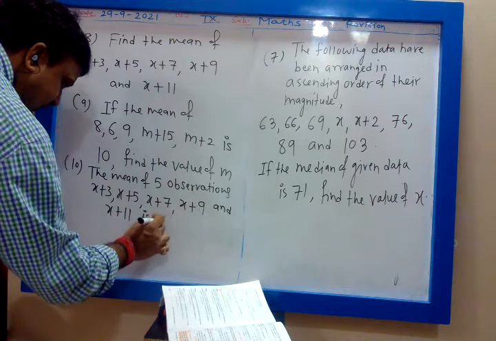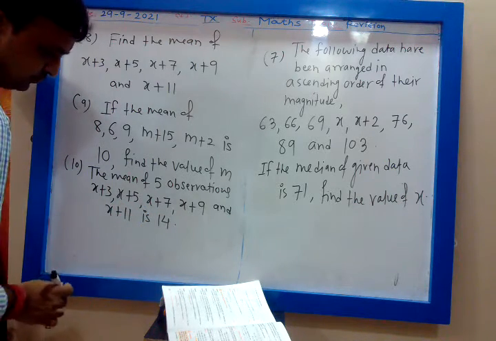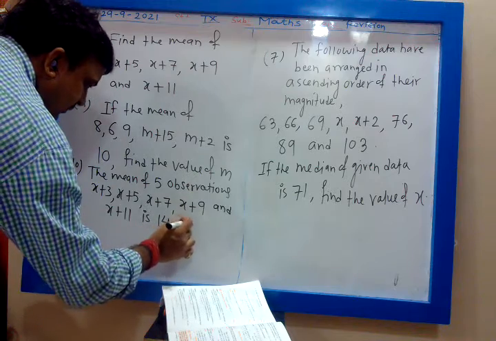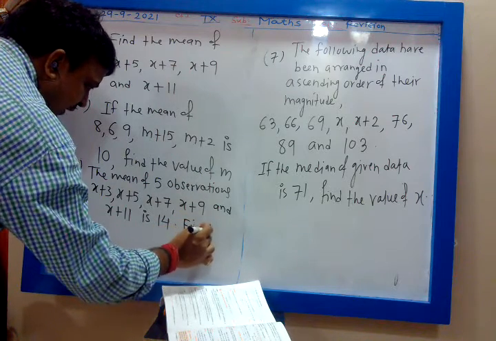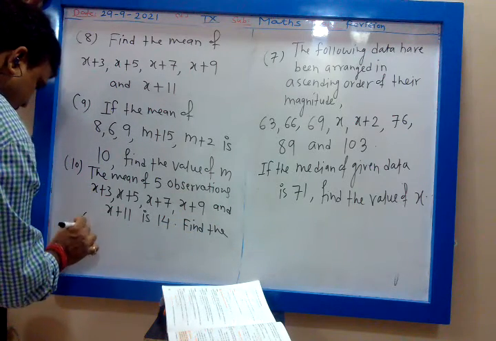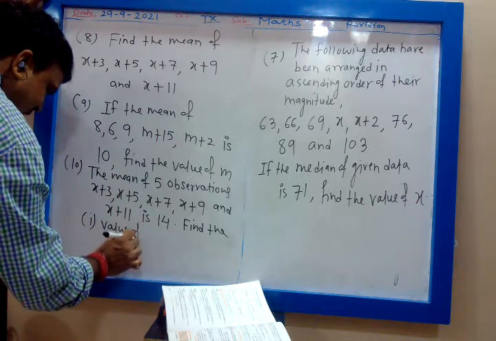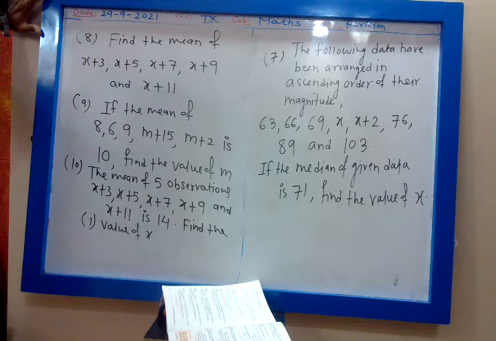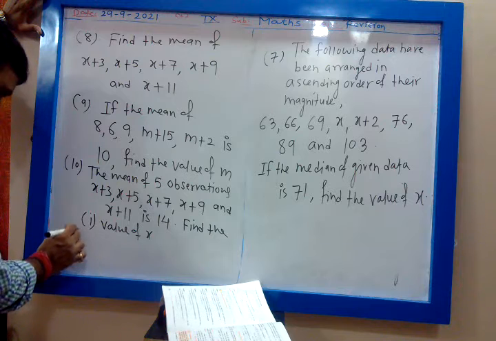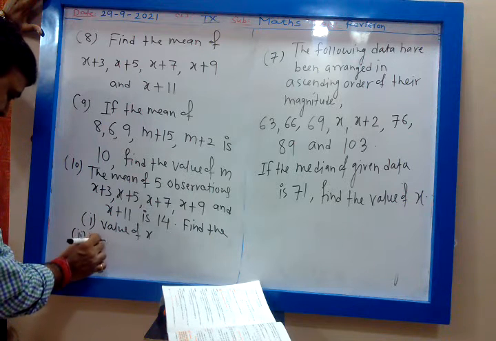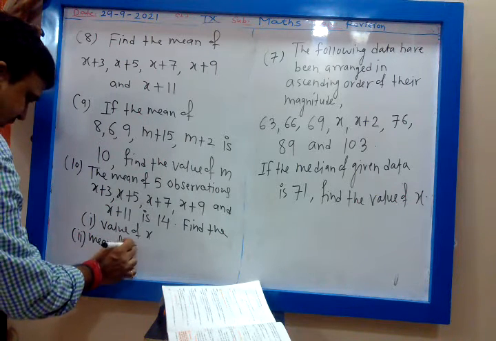Mean is 14. Find first the value of x, then second, the mean of the last 3 observations.